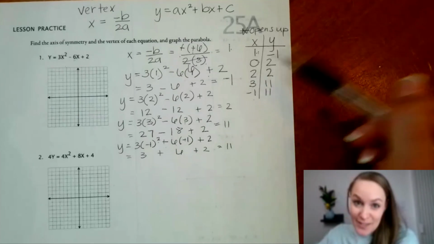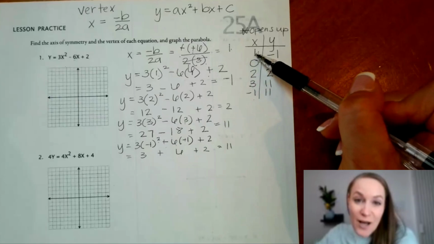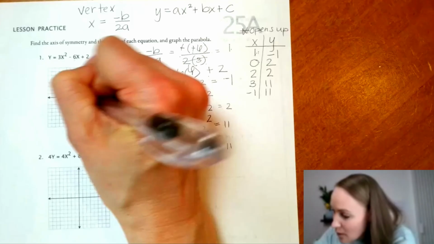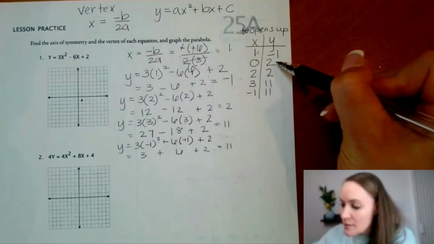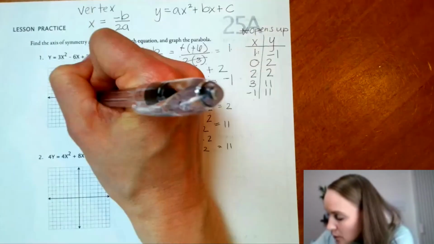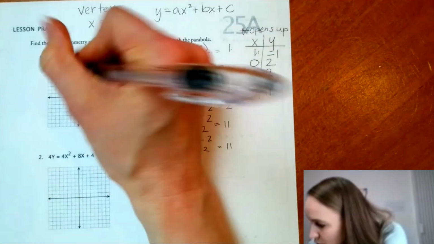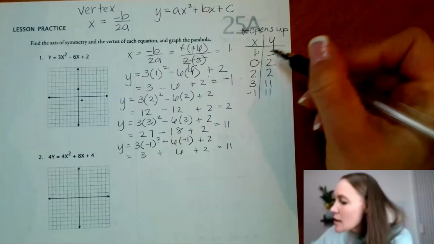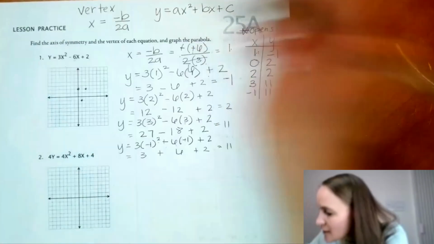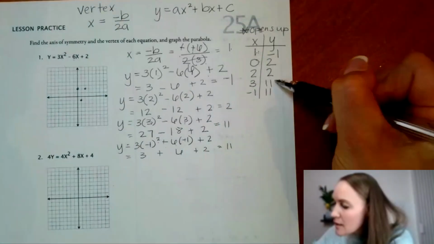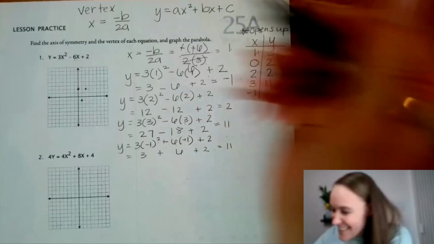Okay, let's go ahead and plot this. 1 comma negative 1 is here. 0 comma positive 2 is here. 2 comma positive 2 is 1, 2, 1, 2. And then I have 3 comma positive 11.